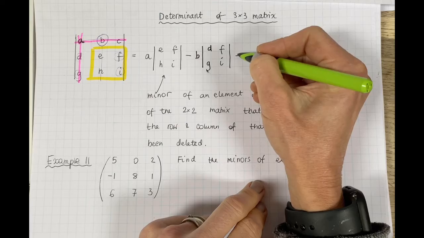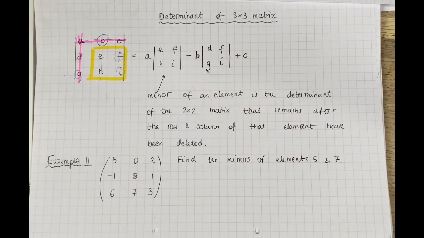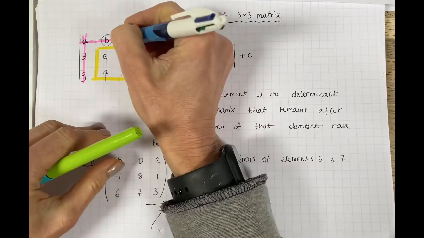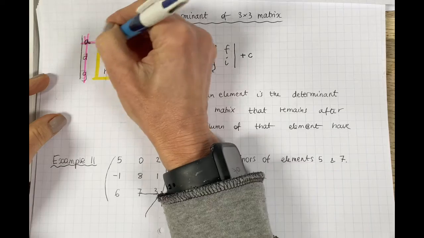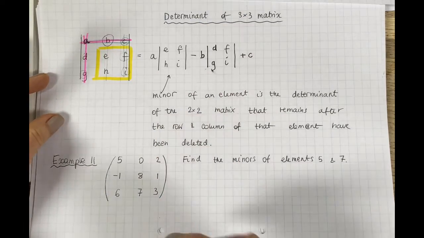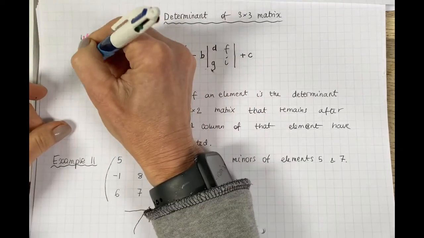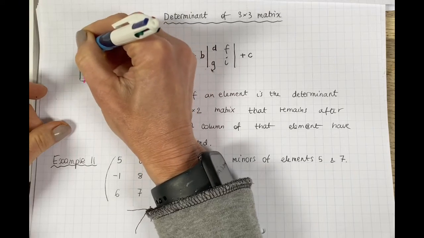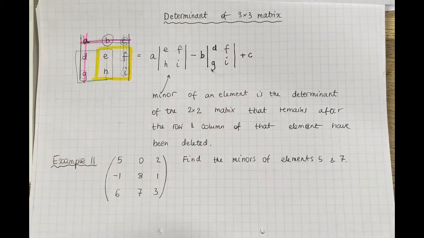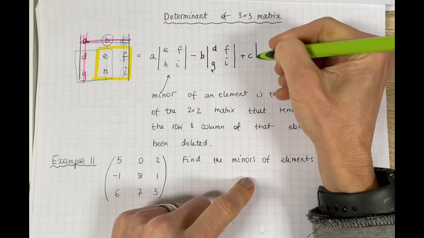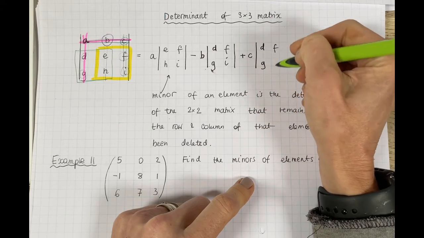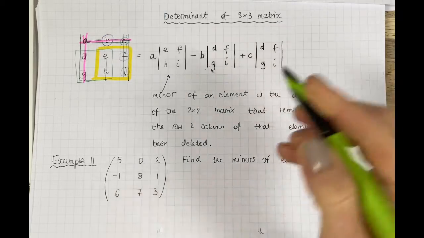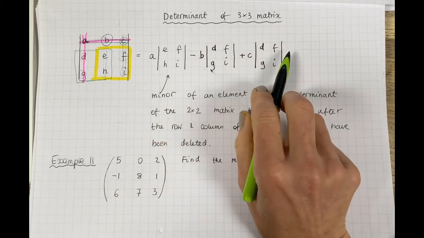And lastly, you add C. This time you're going to take that entry C and delete the column and the row that contains C, and you'll be left with a 2 by 2 matrix, and you'll find det of that 2 by 2 matrix and multiply by C. So you have to work out 3 products.